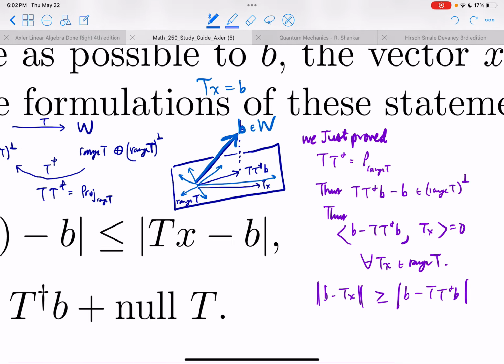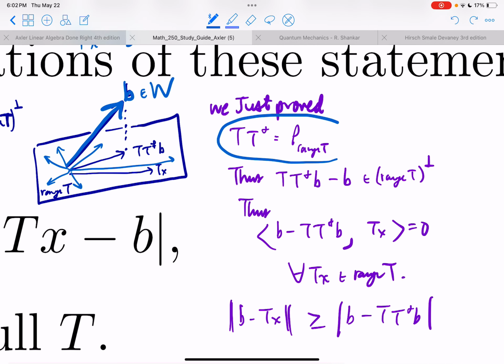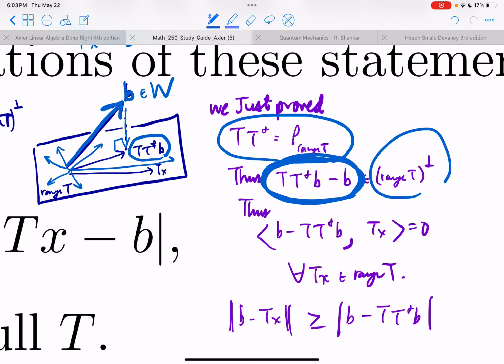Now, why? Well, we just proved that T after T dagger is the projection onto the range. So this thing just orthogonally projects onto the range. That means we got a 90-degree angle there. Okay? And another way of saying that is that if you do b minus this thing, or this thing minus b, that's 90 degrees to the range.